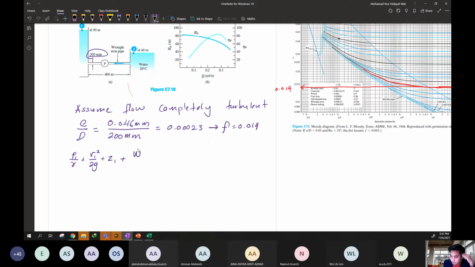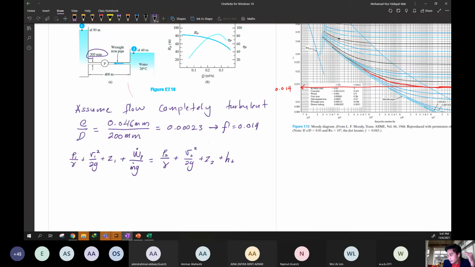So include the work rate of the pump over m dot g, equal to P2 over gamma plus V2 squared over 2g plus Z2 and plus heat loss.